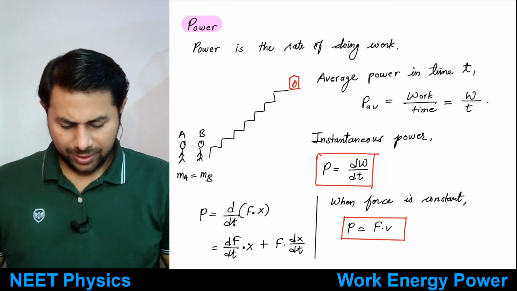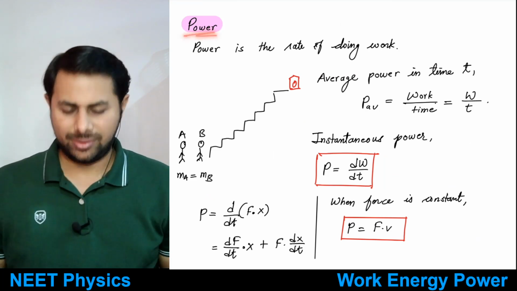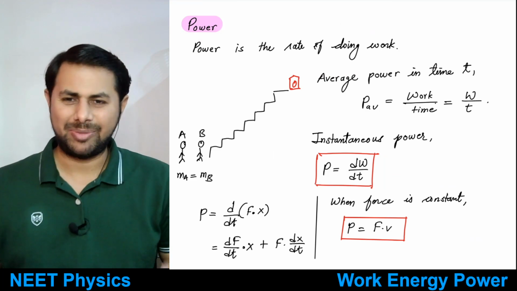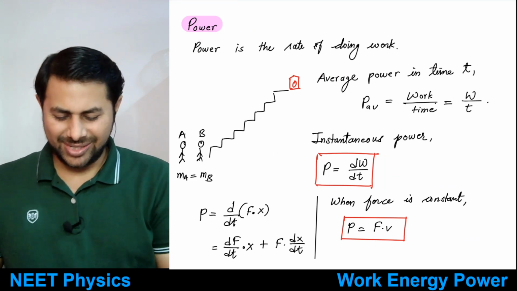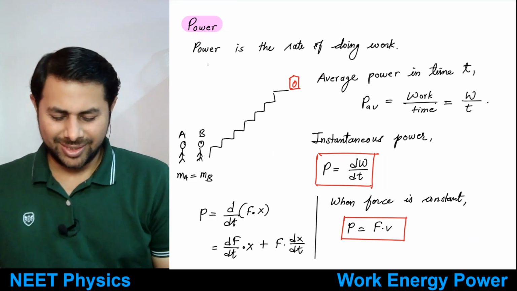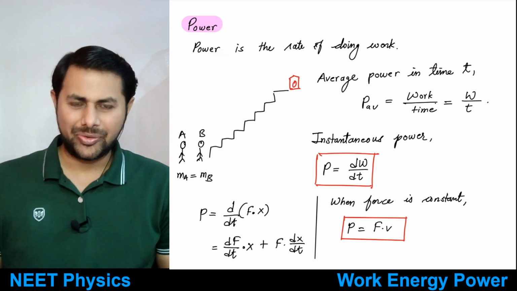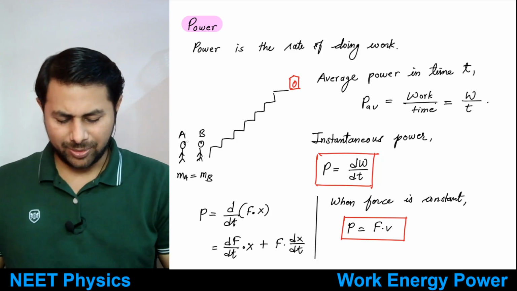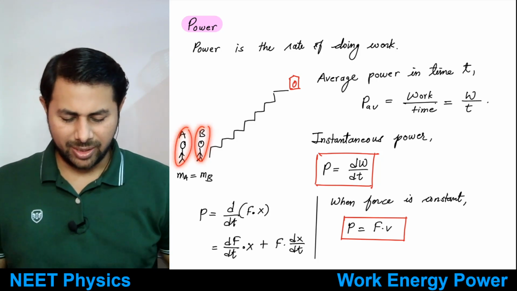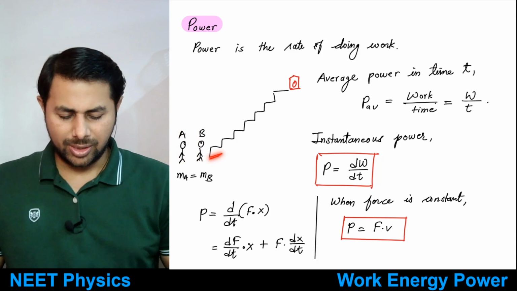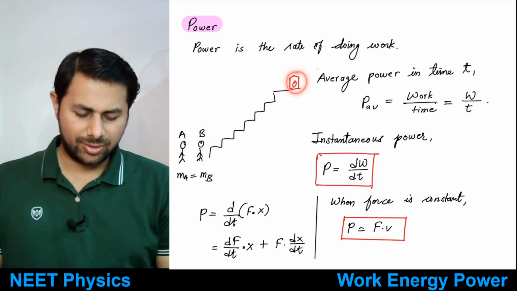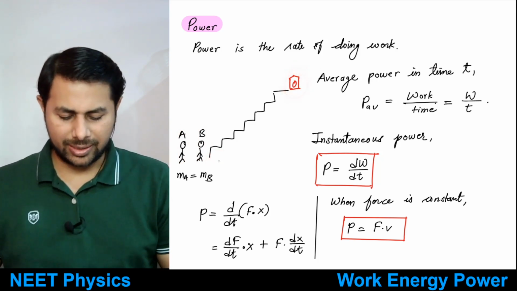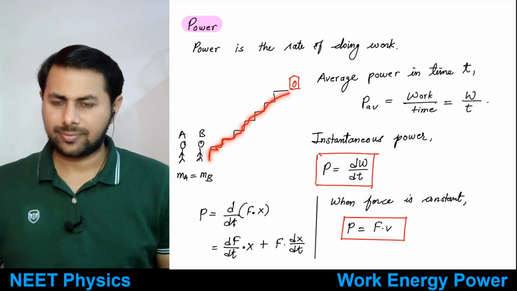So after that, let's talk about the power. The name of the chapter is work, energy and power. So power, we know, is the rate of doing work. Just to give you an example, suppose this is student A, this is student B, and they want to move. Suppose there is some temple at the top over here, and there is the staircase.